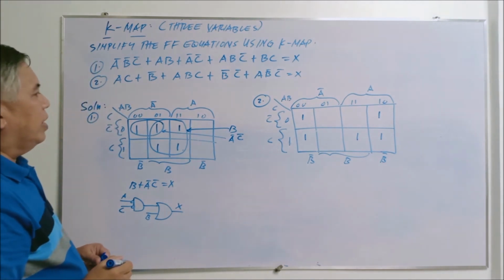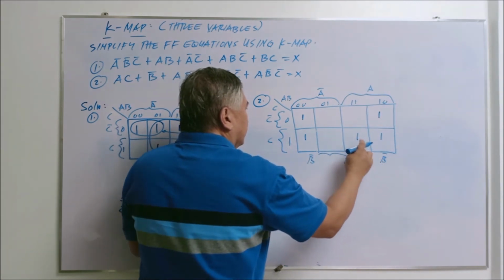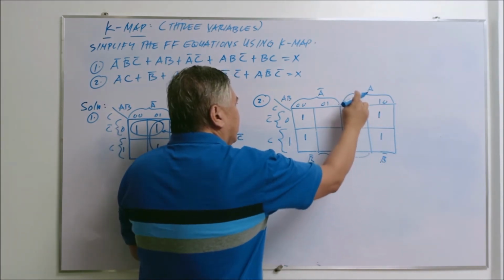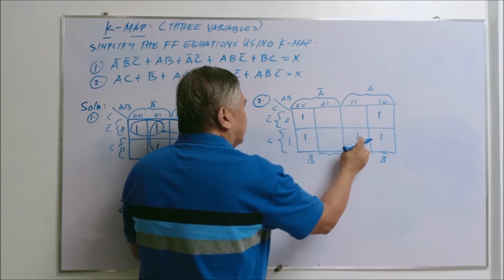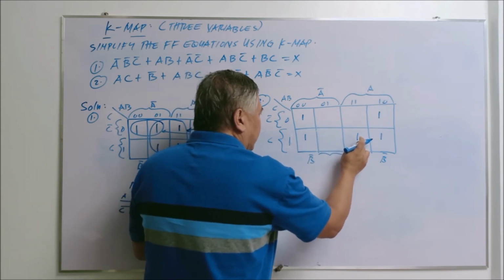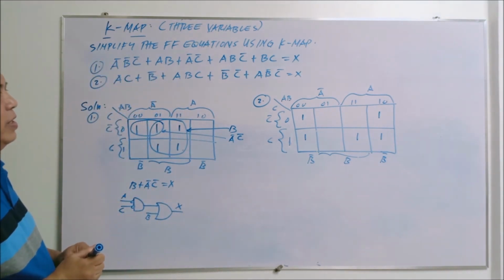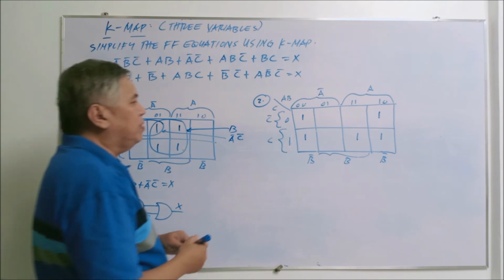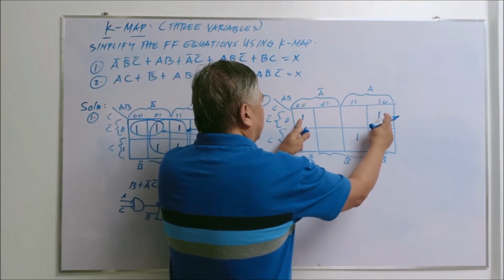Okay, and then ABC. Where's ABC? This is under A, this is under B, and this is under C. A, B, C. This one. So, there is already a 1 there, so no need to place another 1. Then, B bar, C bar. Where's B bar, C bar? B bar, and then C bar. This one.